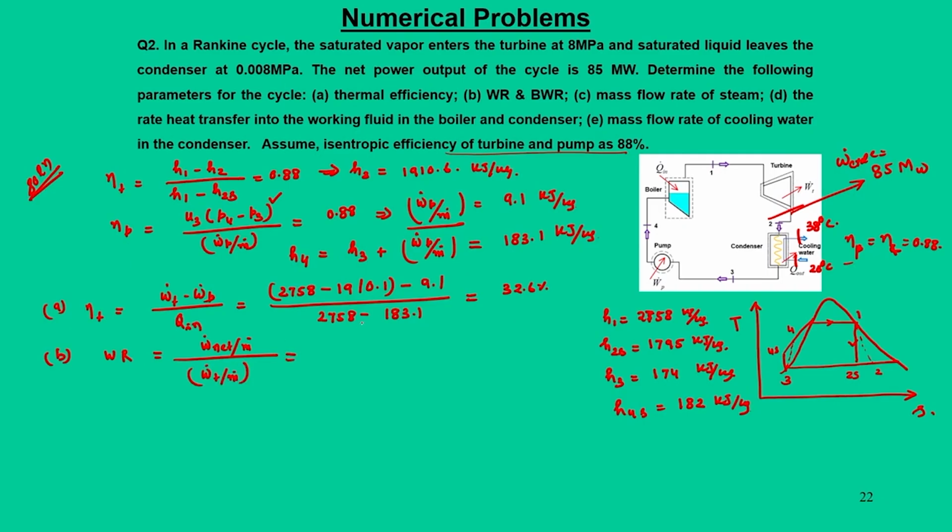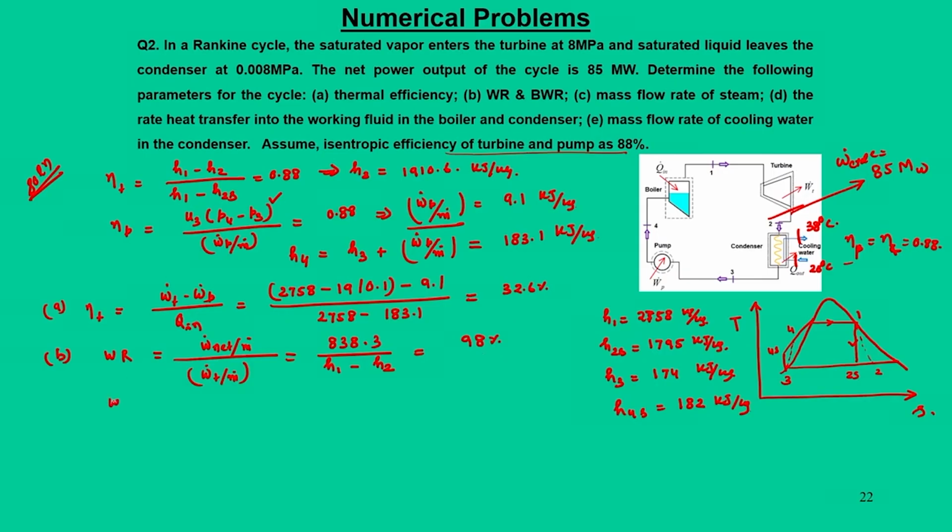We can find it as 98%. If you recall our previous problem data and this data, the work ratio drops by only 1%, from 99 to 98%.